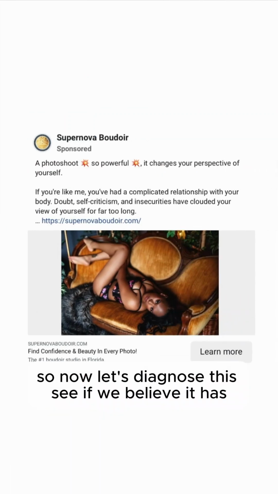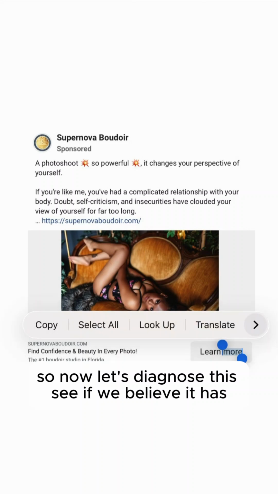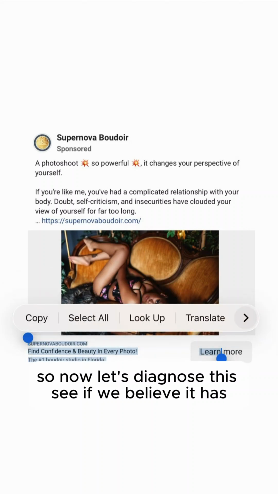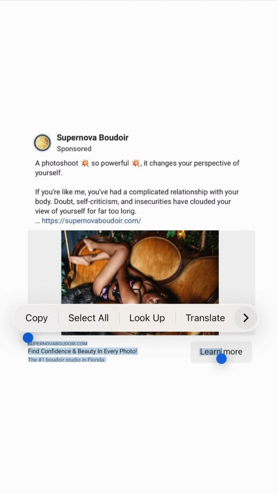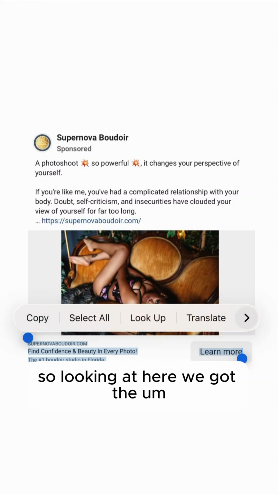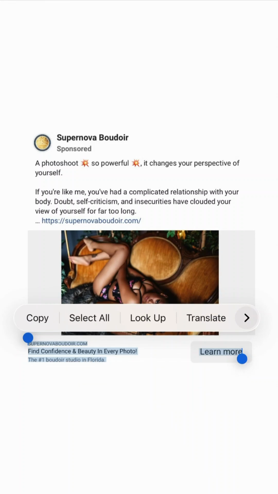So now let's diagnose this, see if we believe it has BLCS, aka Boudoir low click syndrome. So looking at here, we got the below creative cluster mistake.